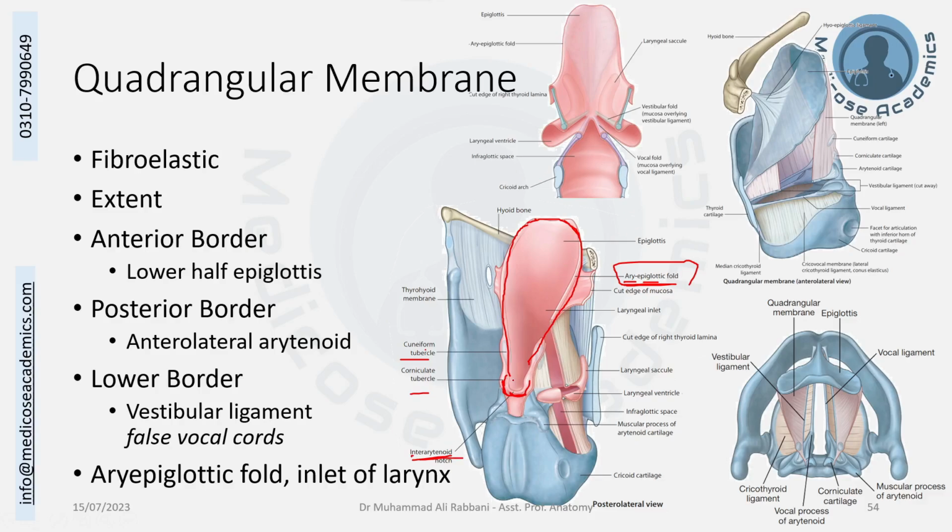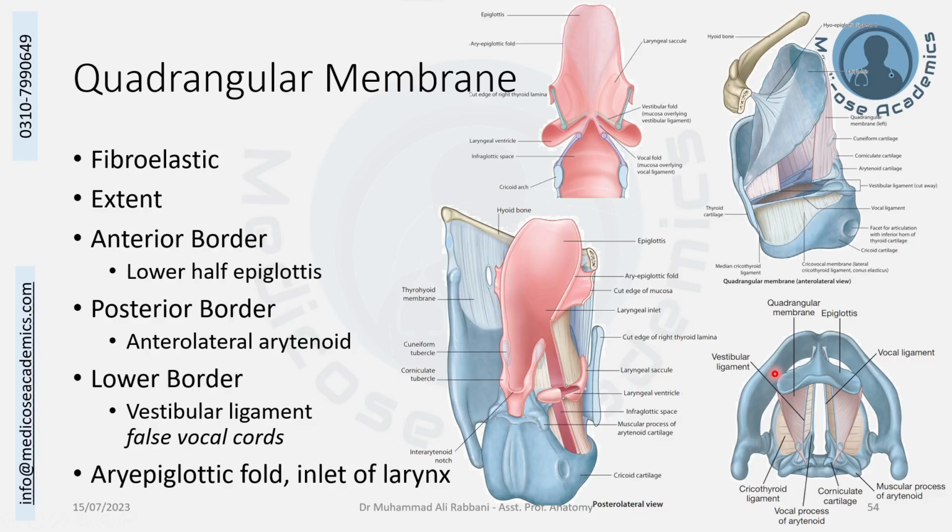This is the laryngeal inlet, and this is how you can see it from the top. When you look from the top with a laryngoscope, you can see the quadrangular membrane going from the outside to inside as it moves down. So this is how you will see the quadrangular membrane.